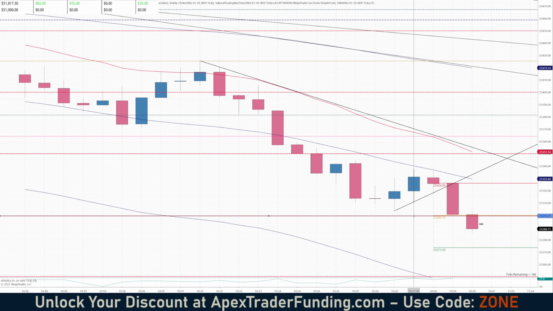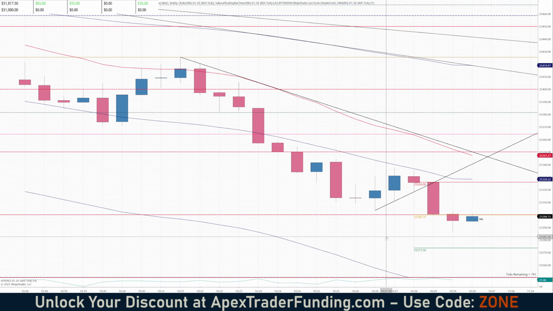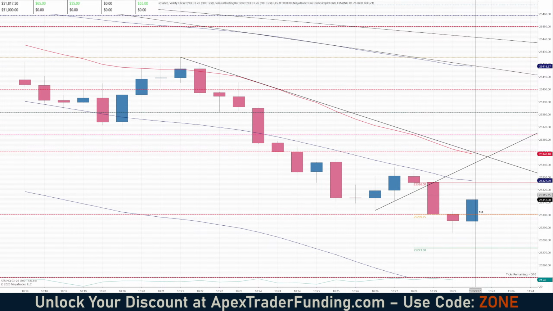Sellers are relentless today, though. I wanted to see, this is what I mean. If I would have taken the short here, I would have stopped out. The price action is too volatile.